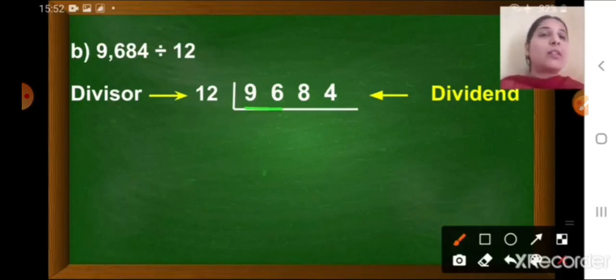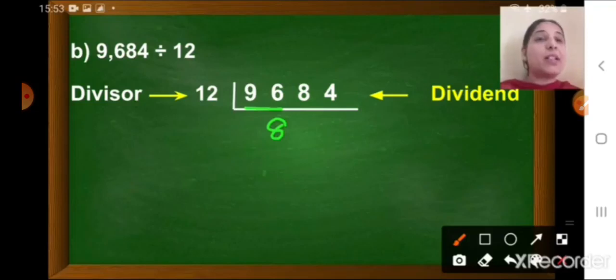So 12 5s are 60, 12 6s are 72, 12 7s are 84, and 12 8s are 96. So we will go for 12 8s are 96. So 96 subtracted from 96 will give 0.